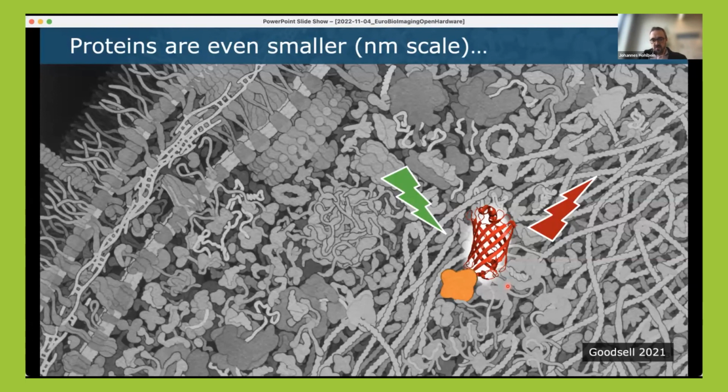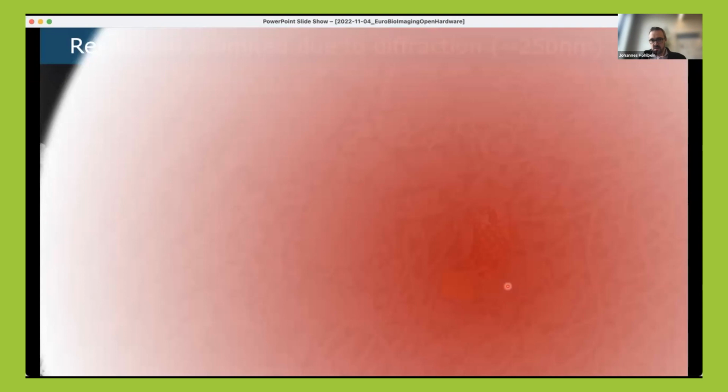The issue people then had is that physics comes into play, and rather than seeing that single protein doing something, what you see is a big blob. That is what we call the diffraction limit, and it limits the resolution of conventional microscopy to around 250 nanometers.